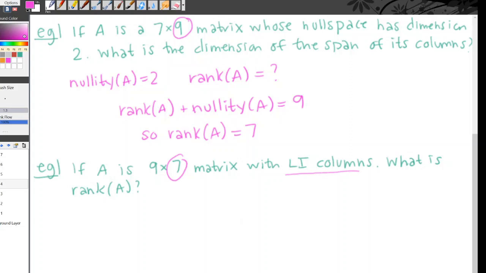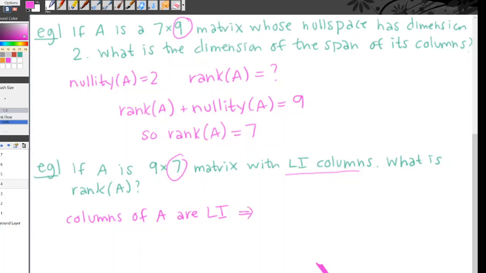It tells us that the columns of A are linearly independent. So we have to think about what that tells us about the nullity. Remember that if a matrix has linearly independent columns, that means that the homogeneous equation AX equals 0 has only one solution.